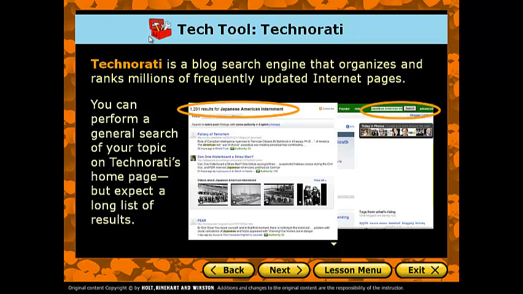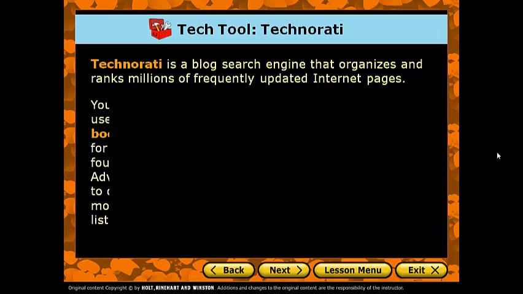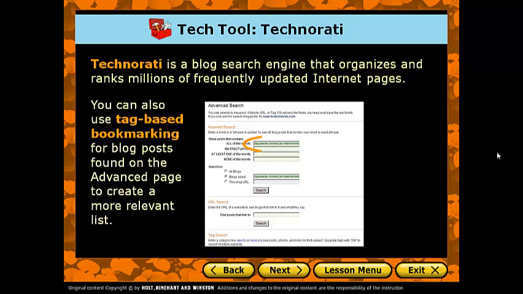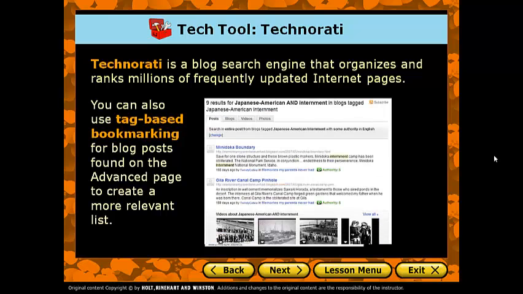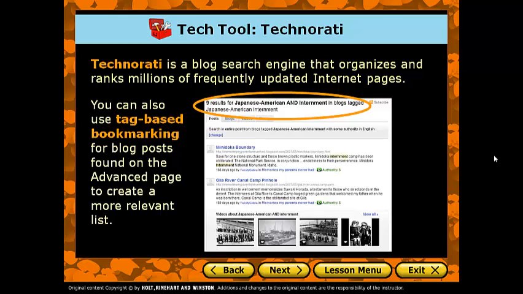This gives you some ideas. You can also use tag-based bookmarking for blog posts found on the advanced pages to create a more relevant list. So if you want to try it, go for it. Again, this is what our Japanese American search is doing.